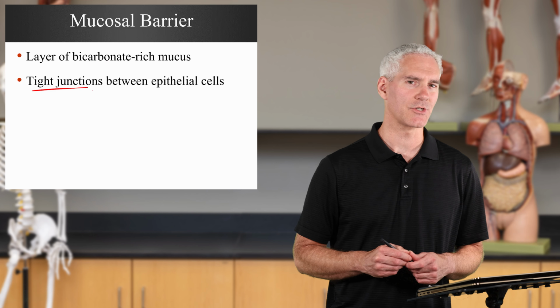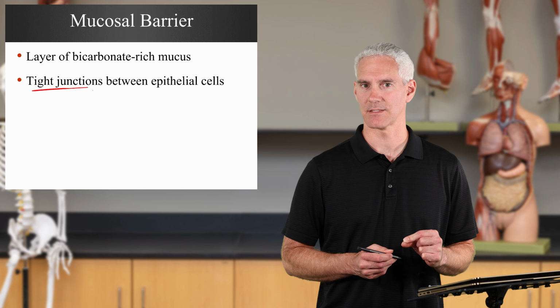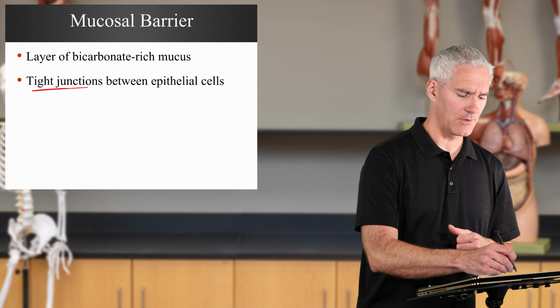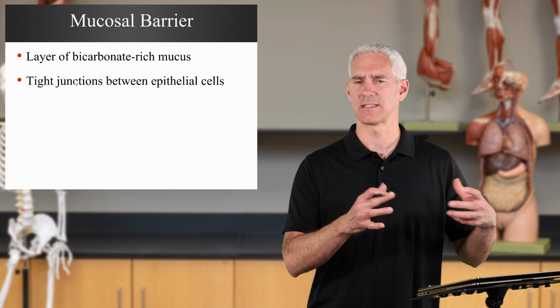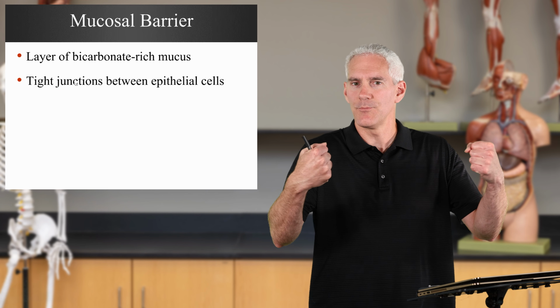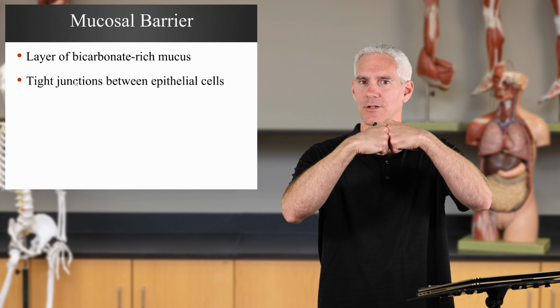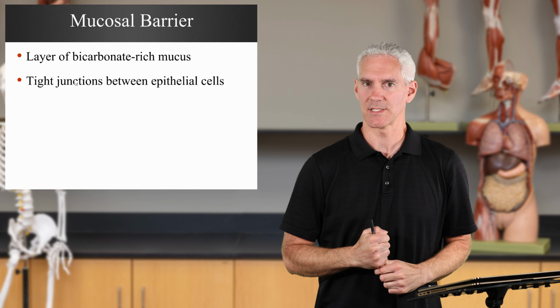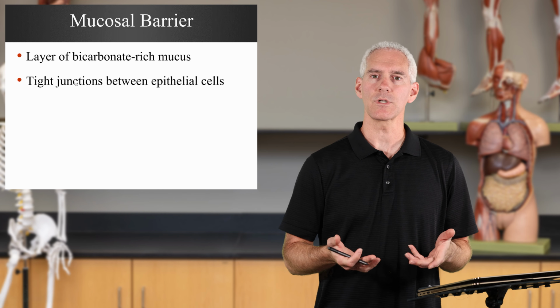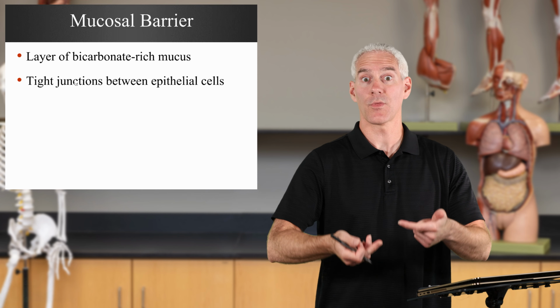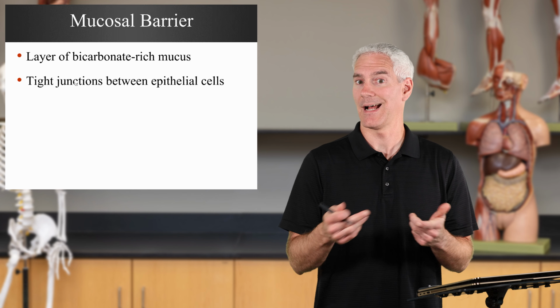You have tight junctions between the epithelial cells. Remember back to A&P 1, we mentioned tight junctions when talking about the cells and the histology. They're making sure the cells are very close together, preventing things from going between the cells. So it's forcing whatever's being absorbed to go through the cell membrane, not squeeze between.